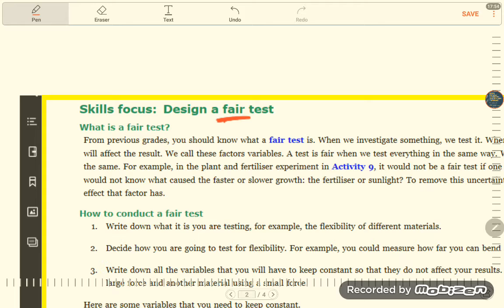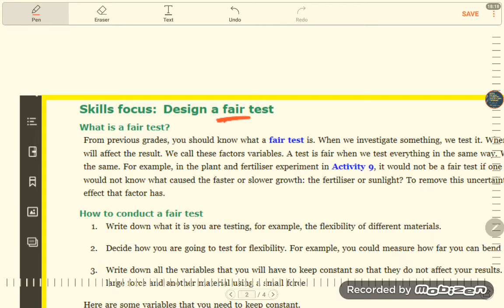So when you are dealing with your investigations, you are going to focus on exactly what you think is a factor, and you only vary that one. Every other possible factor has to remain the same for all the experiments.